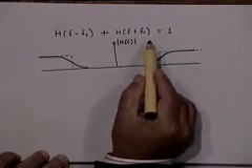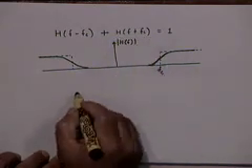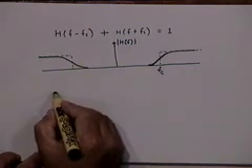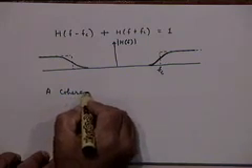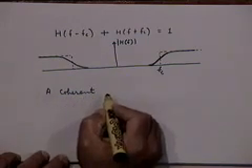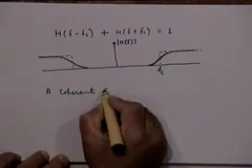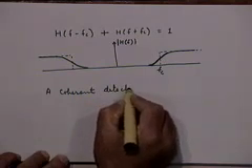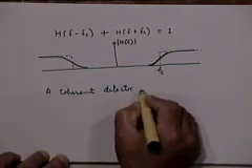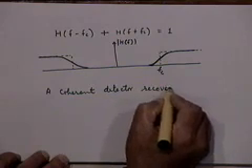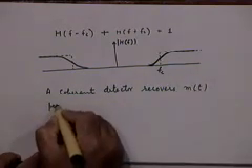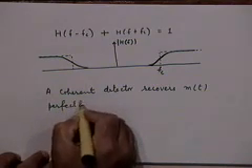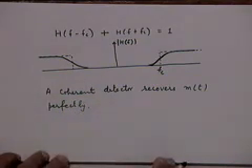When it satisfies this condition, a coherent detector would be able to perfectly recover the message signal m(t) back, right? This is what we discussed.